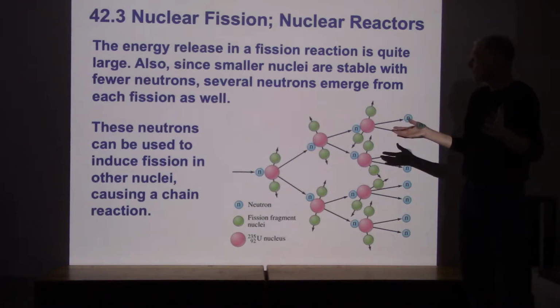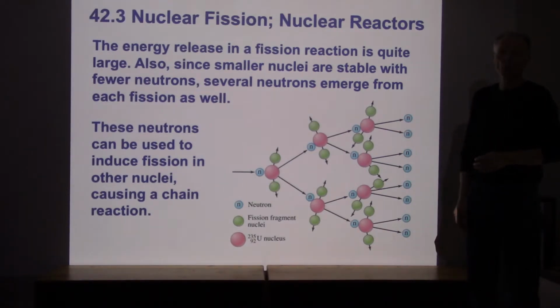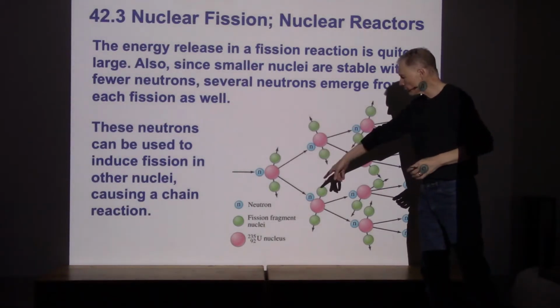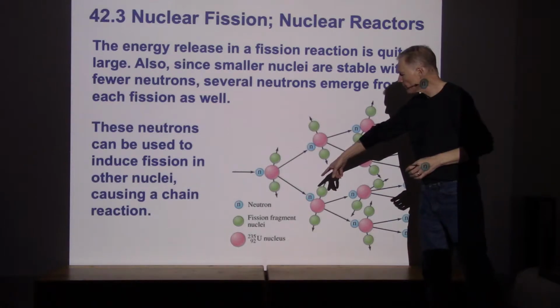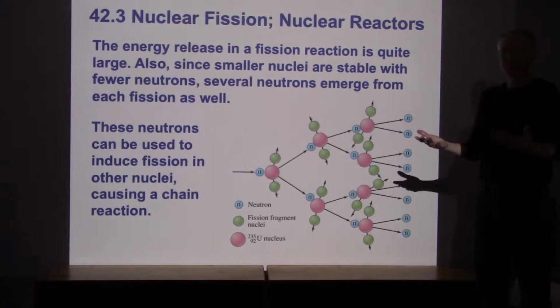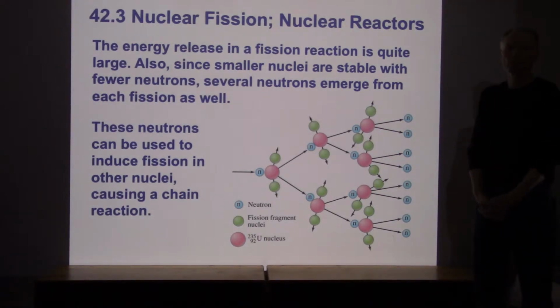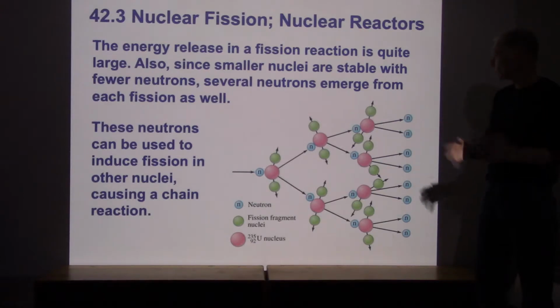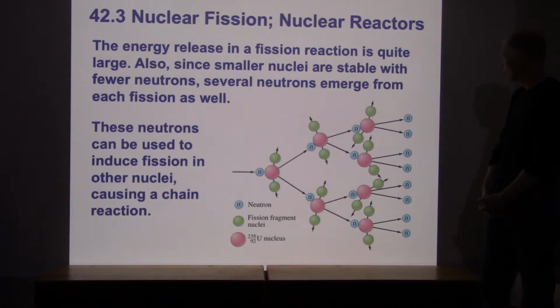That would create an ever-increasing chain reaction, and that's used in nuclear weapons. So in nuclear weapons, we use much higher concentrations of uranium-235, and the idea is to set off as many of those reactions as rapidly as possible before the uranium-235 gets blown away by the initial reaction.